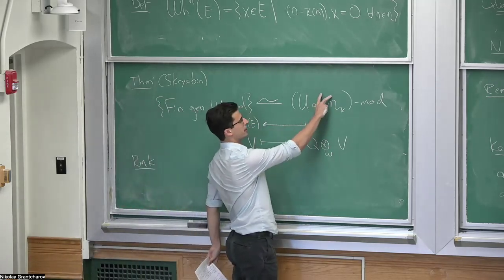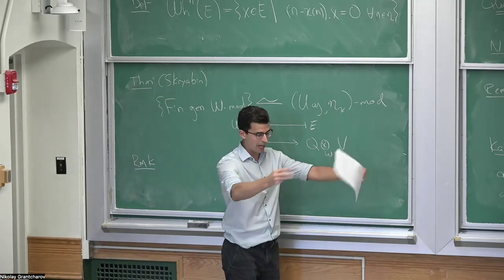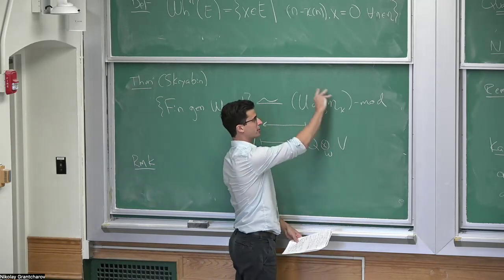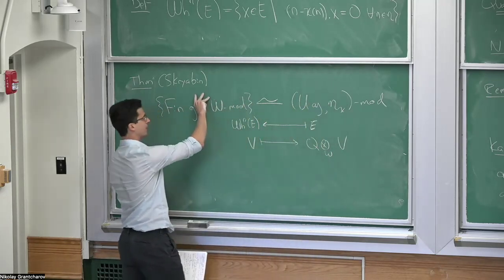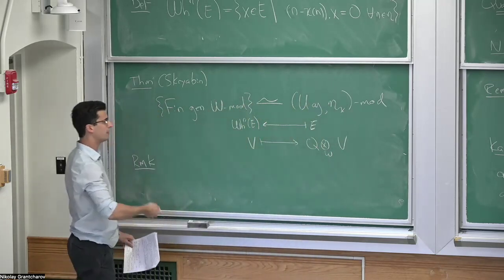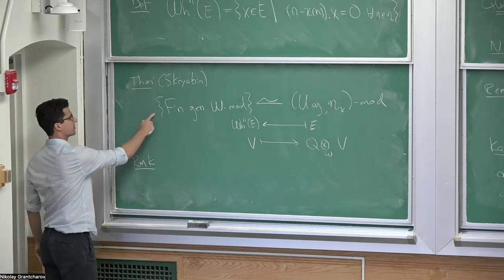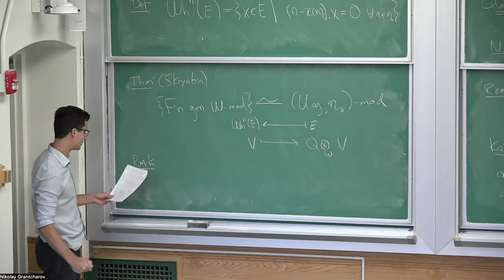On this side, it's like saying you have a D module on some ambient space X, which is supported on some subset Y, and this is like saying you have the D module on Y. I'll give an interpretation involving D modules of the theorem slightly afterwards.